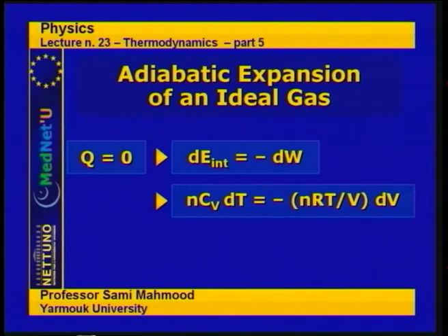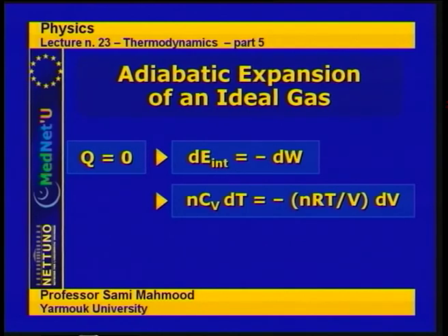Now we can substitute for each quantity, recalling that E internal is simply nCvT. That's dE internal is equal to nCv times dT, because n and Cv are constant.